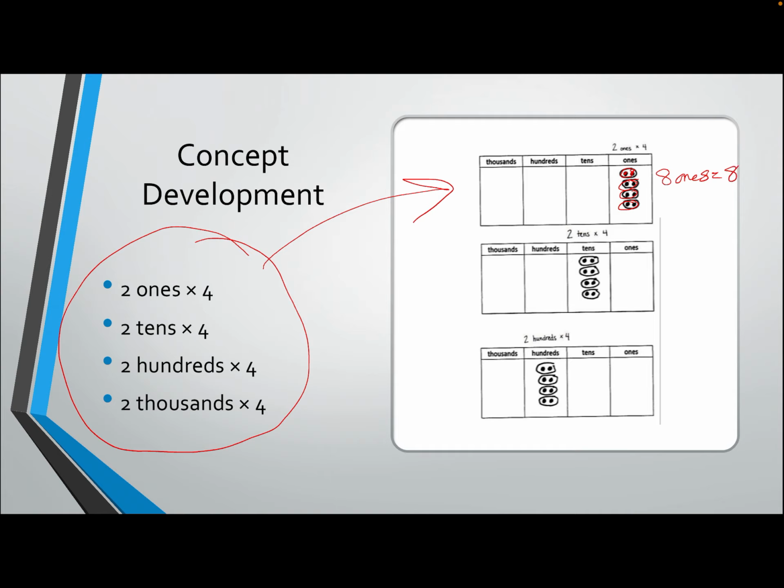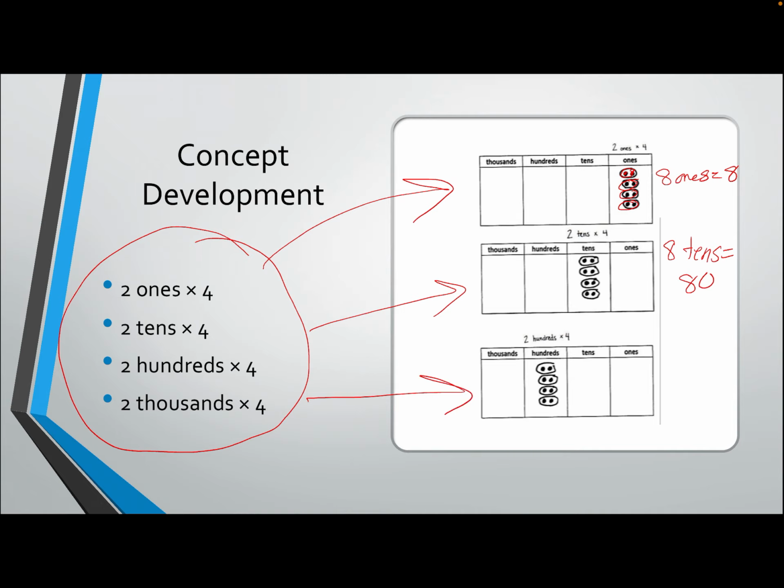And the second one here, you've got 2 10s times 4. So again, it's 4 groups of 2 just in the tens column. And then whenever you solve for this, you'll get 8 10s, which is equivalent to 80. And then in the last example here, it's the same thing, they just moved it into the hundreds column.